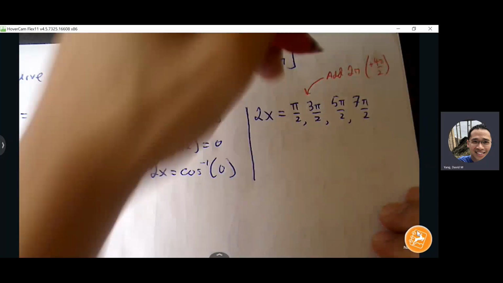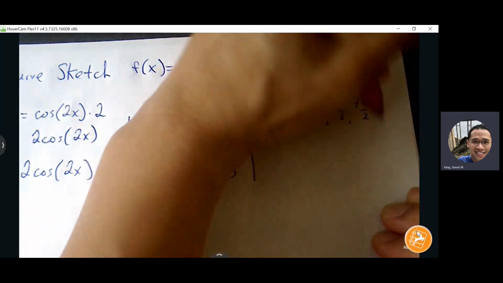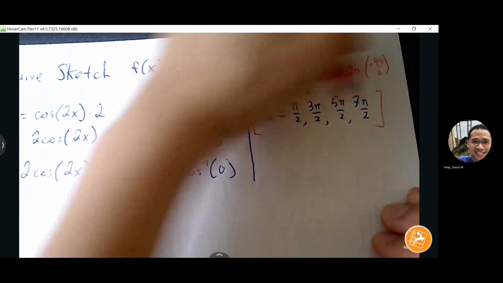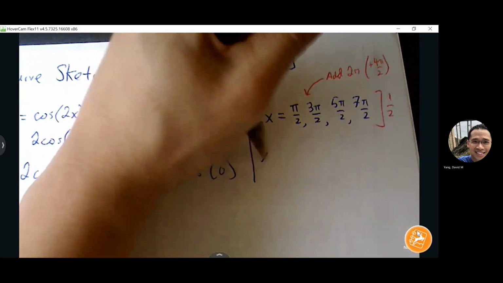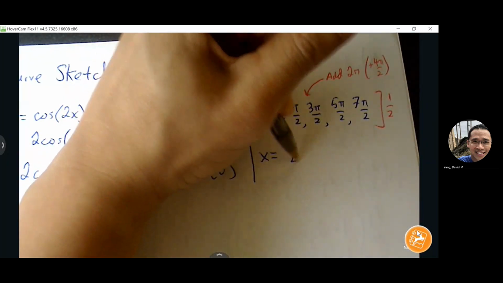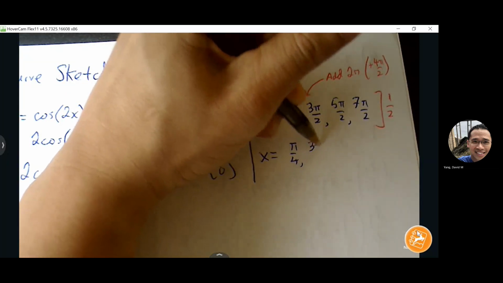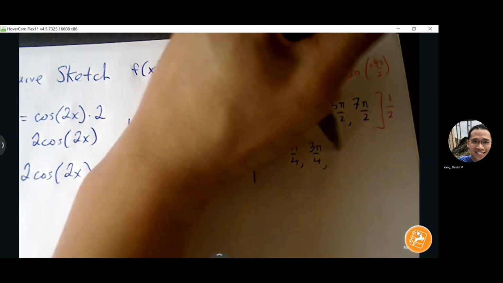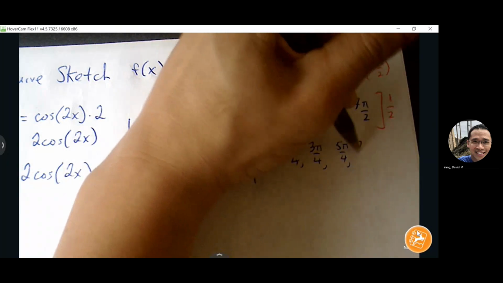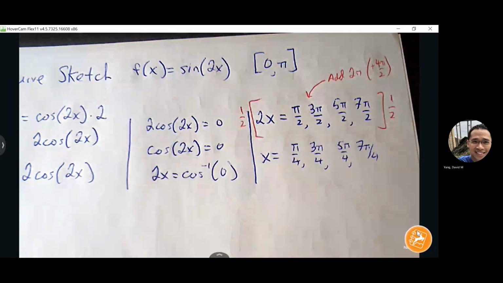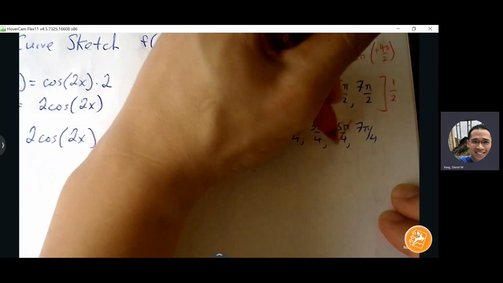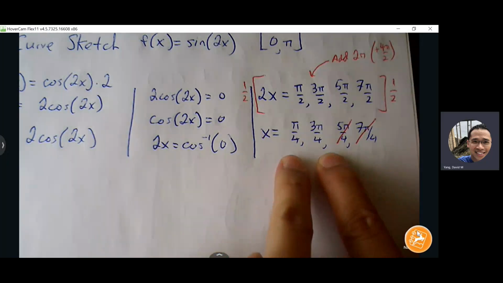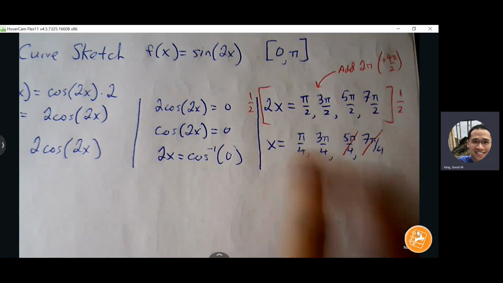Okay, divide by 2. Same thing as multiplying by 1/2. Okay, so it looks like we have more than enough, but we know that we didn't miss anything. So we only want what's between 0 and pi, so just pi over 4 and 3 pi over 4.